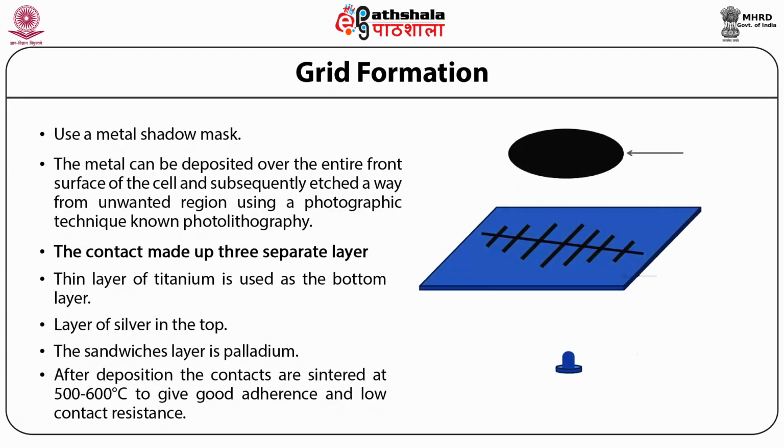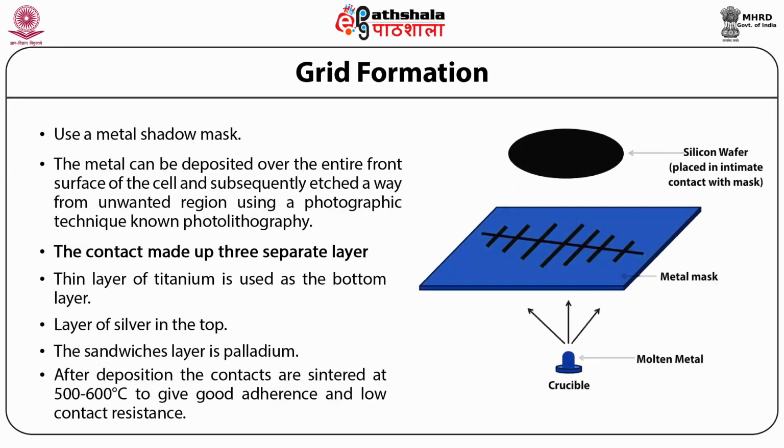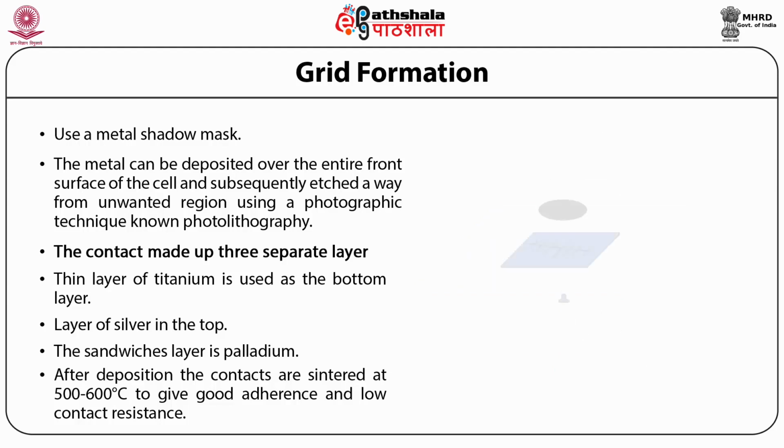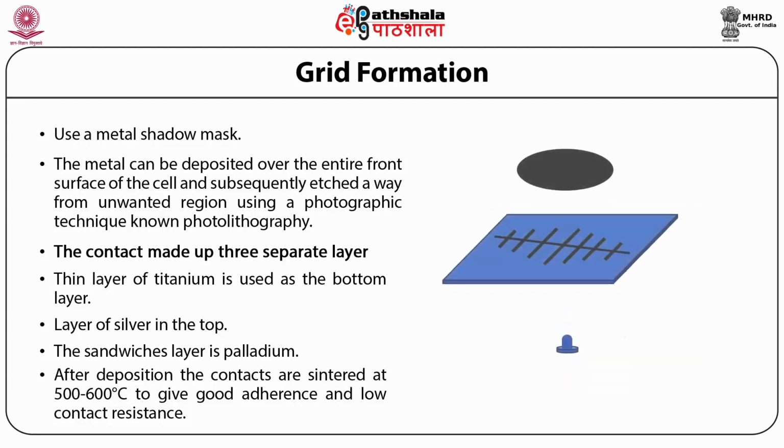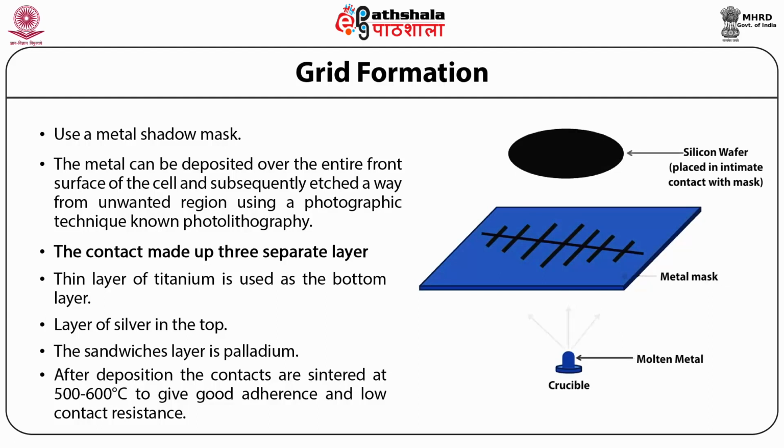Grid formation. So students, after junction formation, the next step is to form the metallic contacts on the back and the front side of the solar cell to collect the charge carriers, which is also shown in this figure. The materials used in grid formation must facilitate good ohmic contact, low series resistance, good adherence, and good solderability.